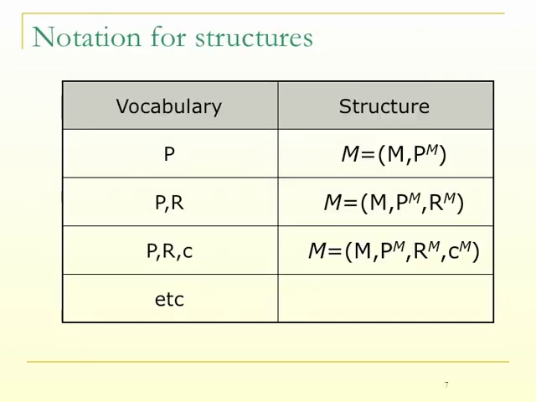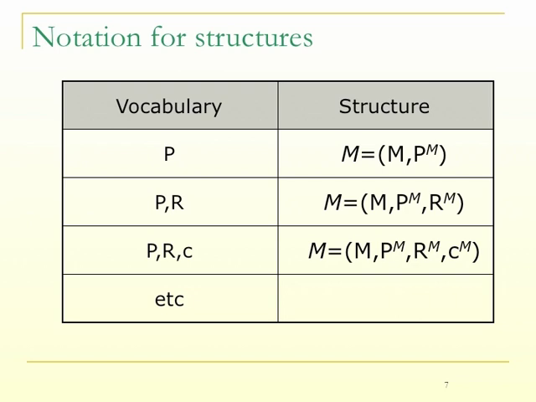A common notation for structures is the following. If the vocabulary consists of just one unary predicate P, then we denote the structure as an ordered pair (M, P^M). This is very common notation. If the vocabulary consists of a unary predicate P and a relation R, then we use a triple to denote the structure (M, P^M, R^M).